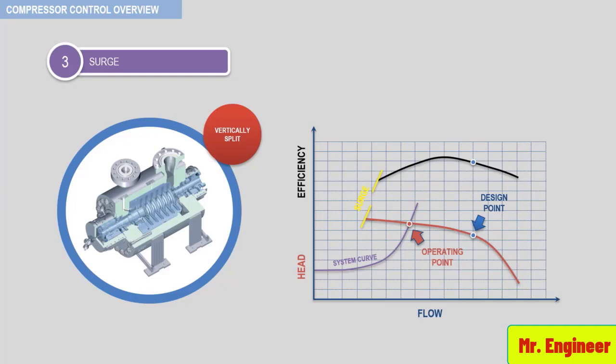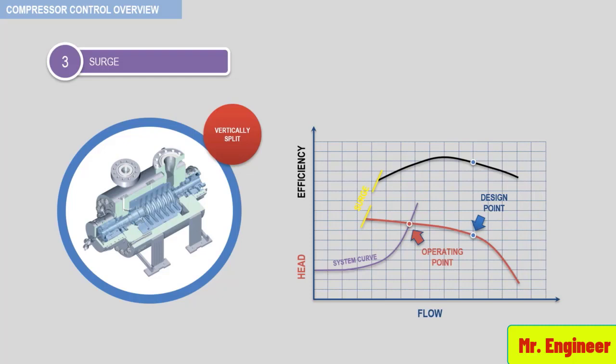As discussed in a previous video, every compressor curve has the characteristic of increasing flow throughput for decreasing head required by the process system. The cause of surge, if you recall, is low flow throughput. Therefore, rapidly increasing the compressor flow throughput will prevent surge.